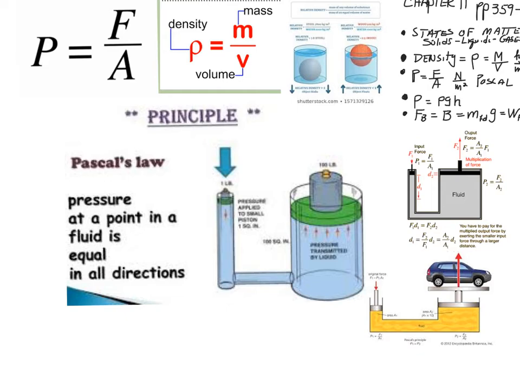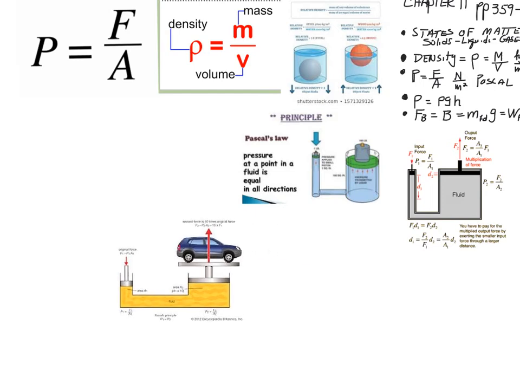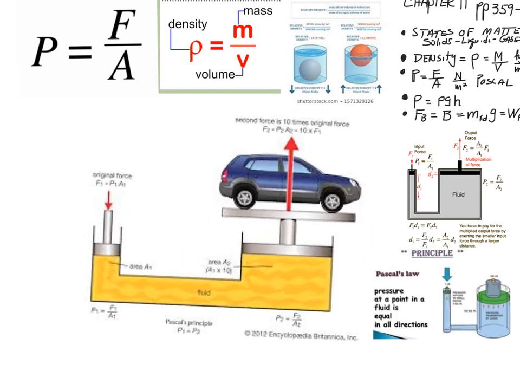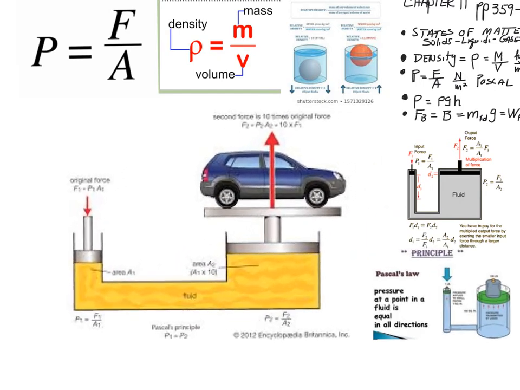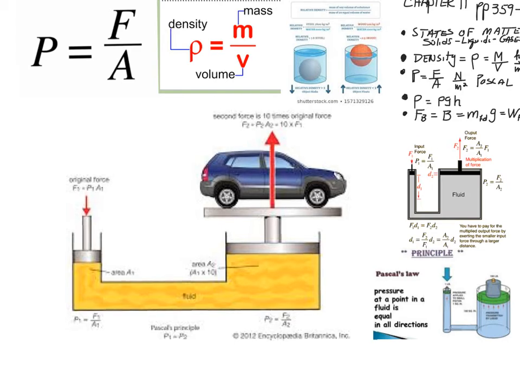So let's take a look at a typical application, which would be a hydraulic lift for a car. Since pressure is force over area, if we increase the force here, that's divided by a small area, the pressure goes up.